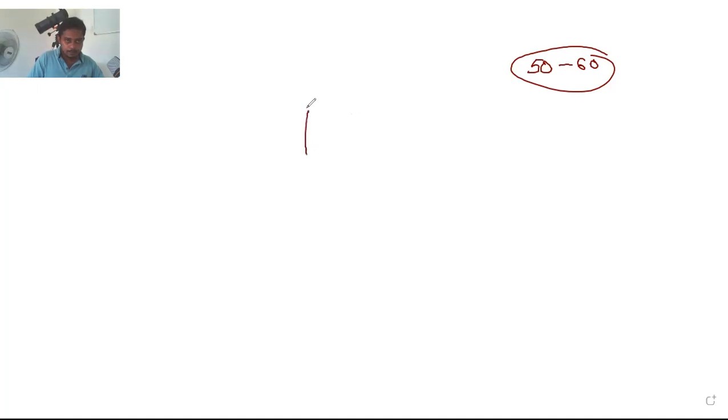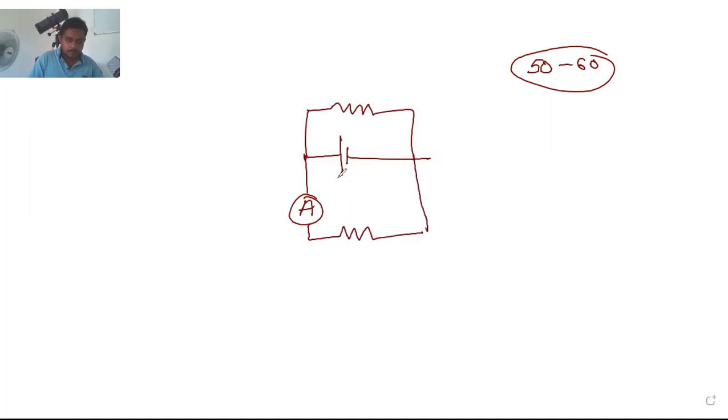It's something like this. Five, 6 ohms. EMF of 12, an ideal ammeter.